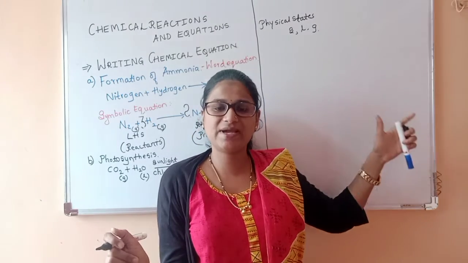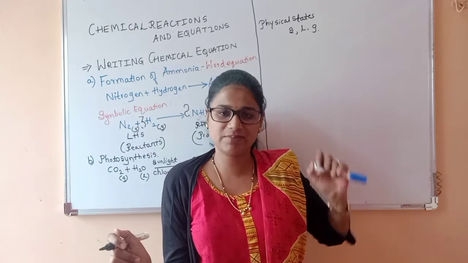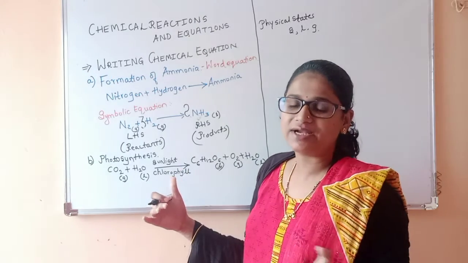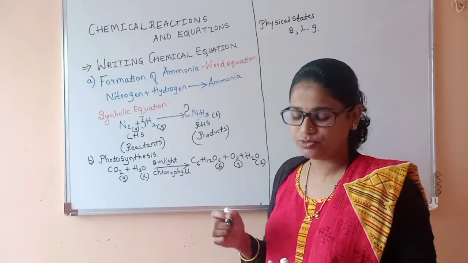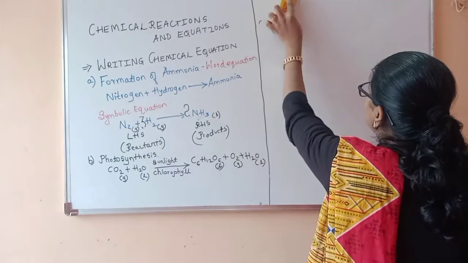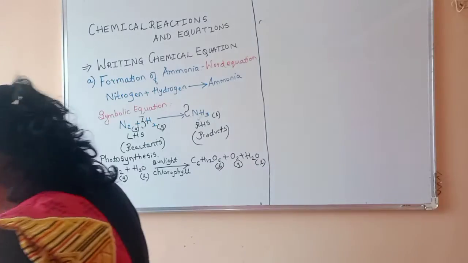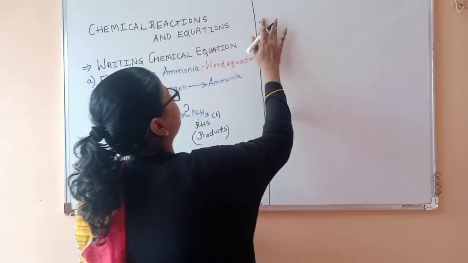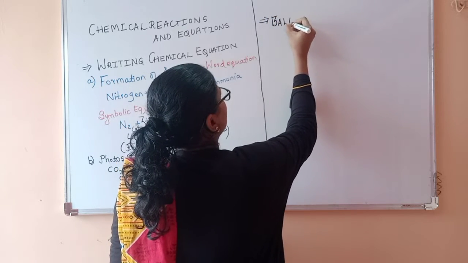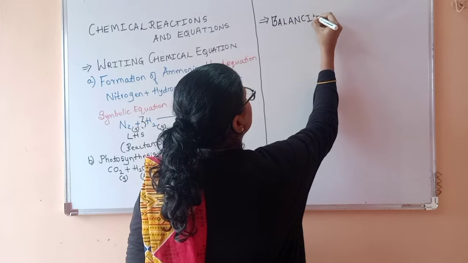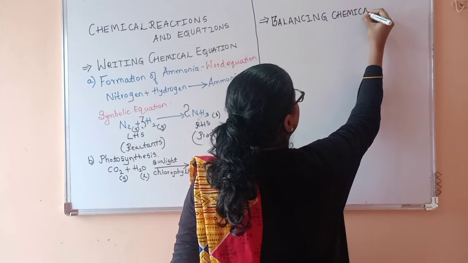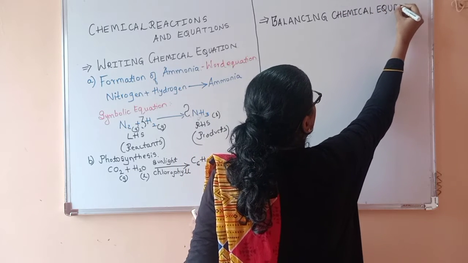Let us study the step-by-step procedure of how to balance a chemical equation. I just explained this to help you continue with the explanation. Now let us take the other example. The next concept we are going to learn is balancing chemical equations.